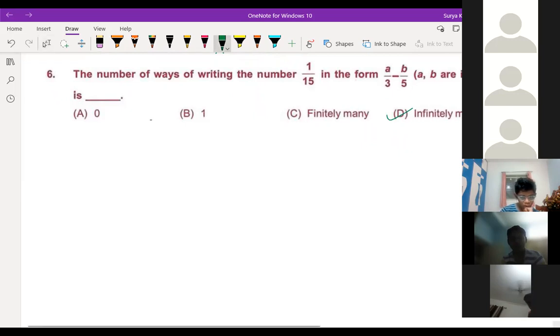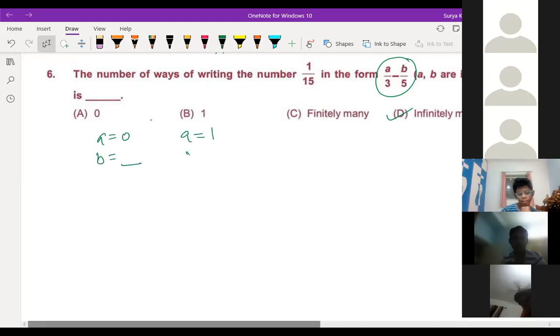The values of A and B can be many to get 1 by 15. If we put the value of A, then we get B. If we put the value of B, then we get A. Put any value of A, even 0, and you'll get some value of B. Change A again and you'll get a different B. So the number of ways of writing is infinitely many.